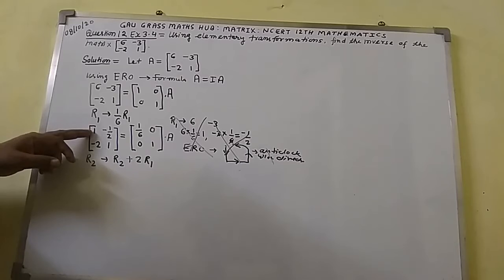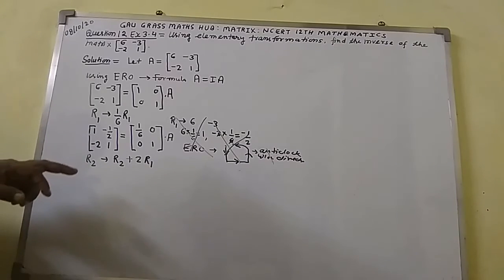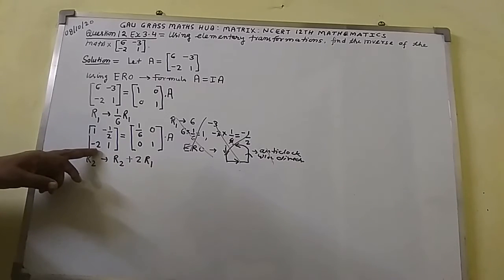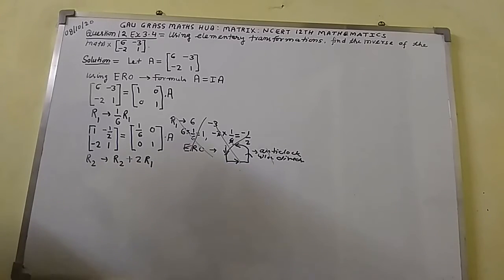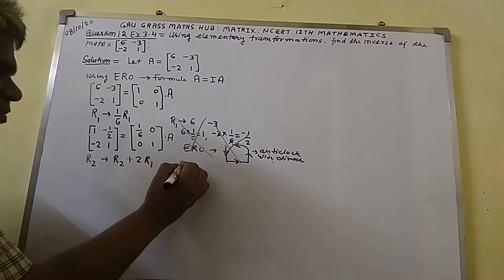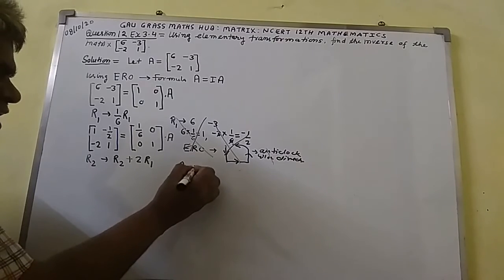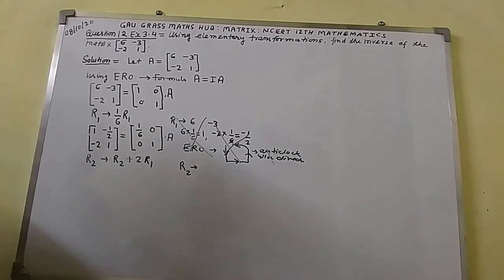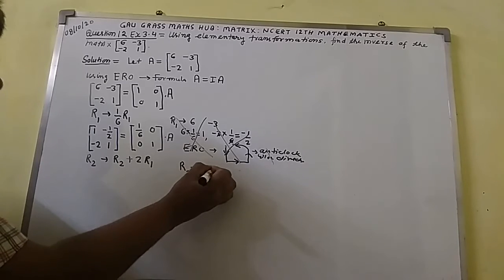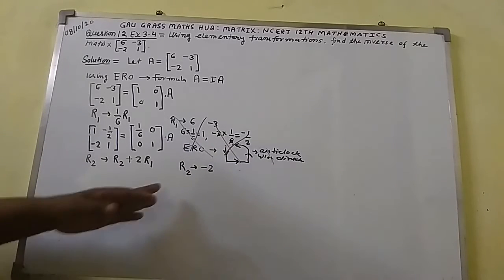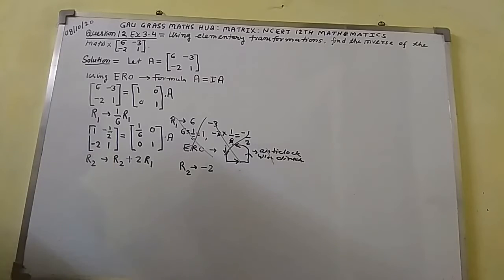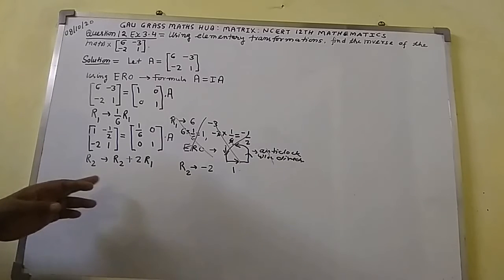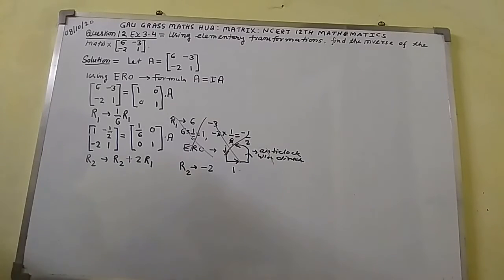Here it will become 2, and the respective element will be added here. So here it will become 0. On applying this property, the value of R2, I shall take R2 goes to the elements of R2, I shall write here -2 and 1. R2 goes to R2 plus 2R1.